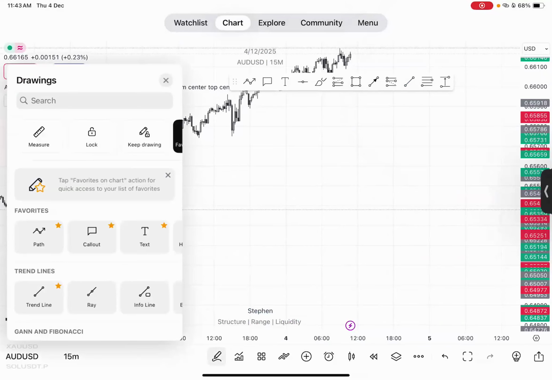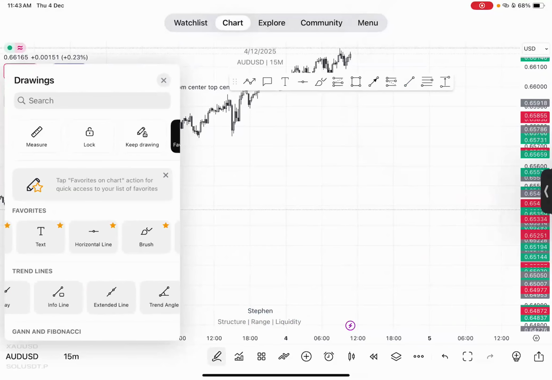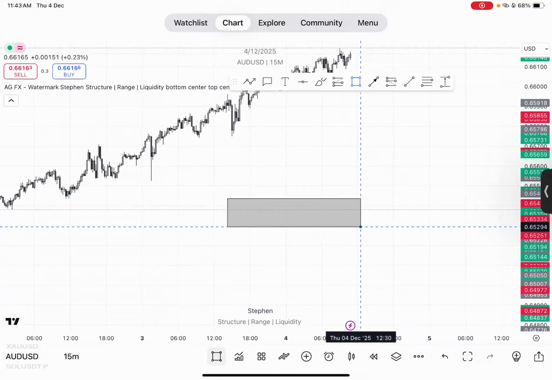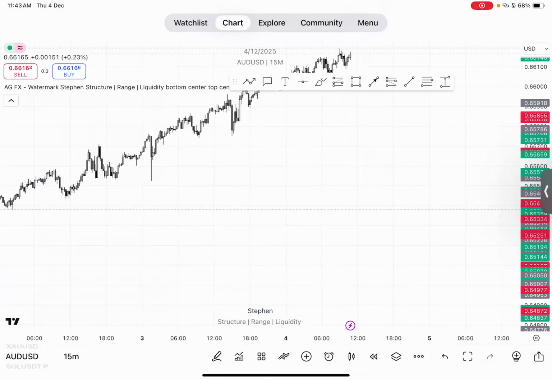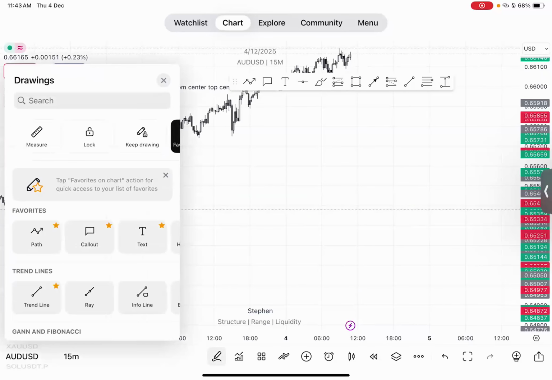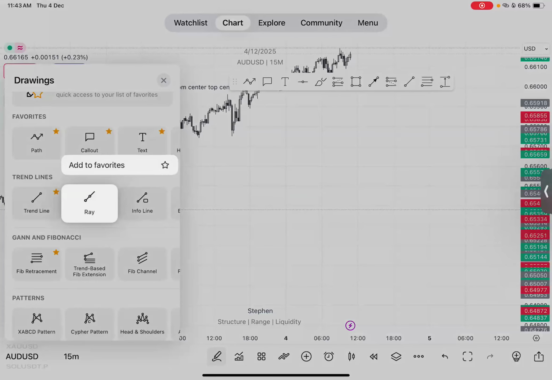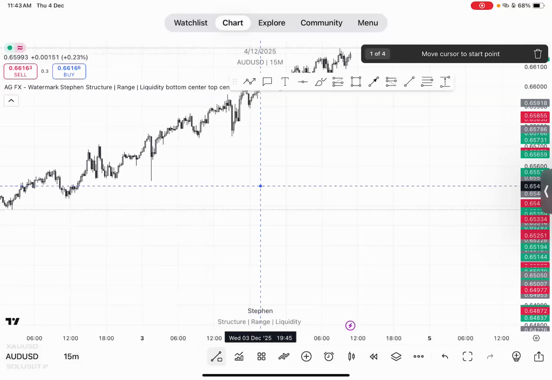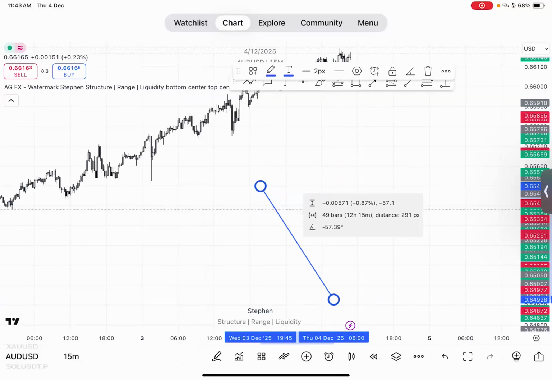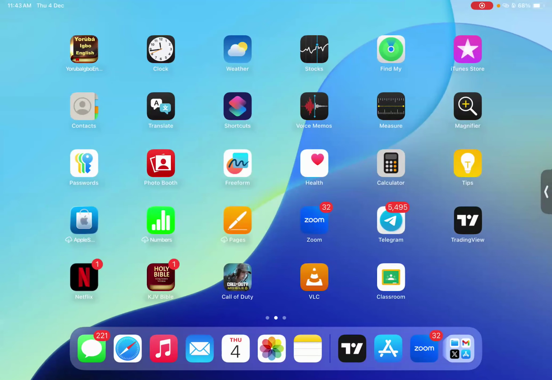You will find the trend line here too. You can see the rectangle tool. I have made it my favorite. Let me delete it. If you just click on your tool, hold it down, you can add it to your favorites. There are a lot of tools there that you can use.